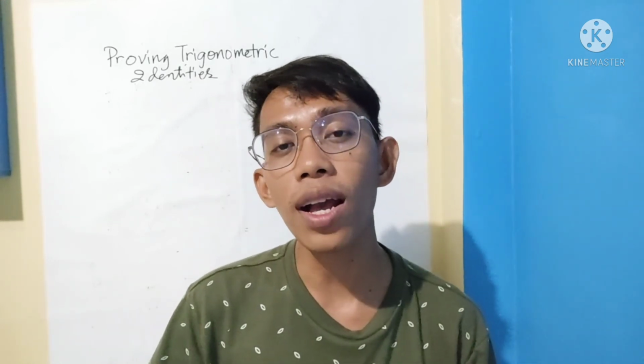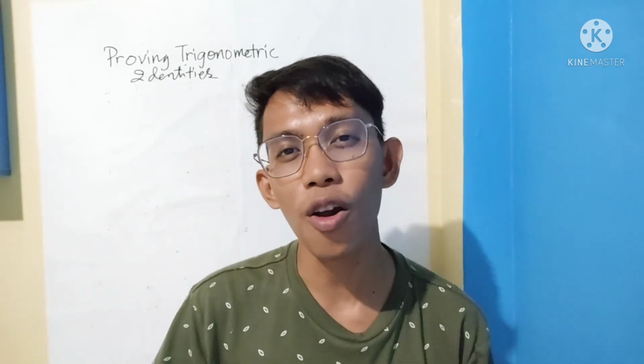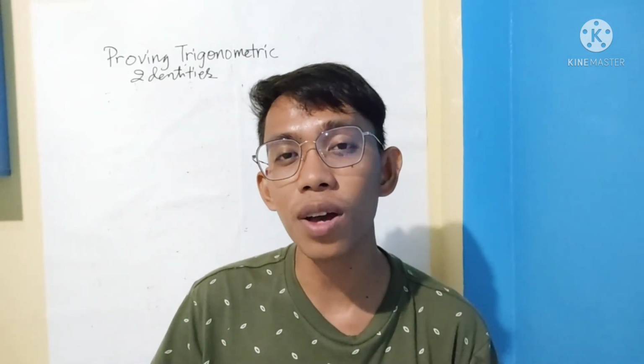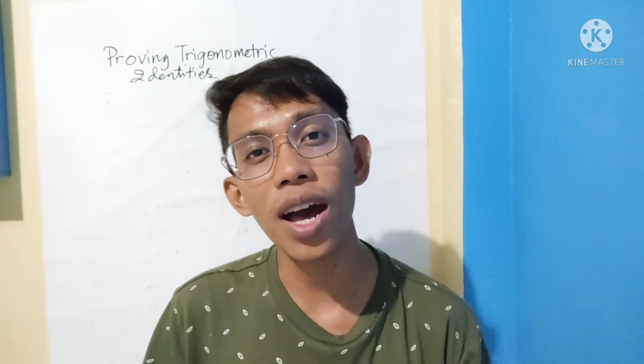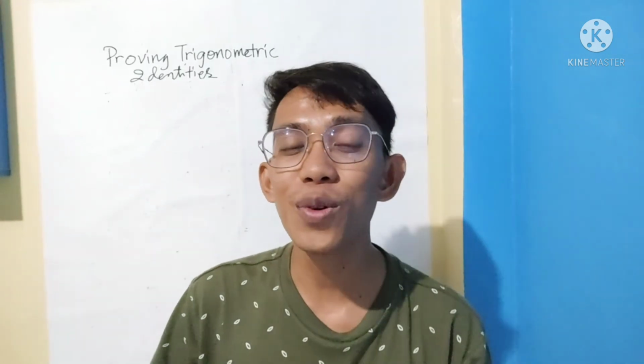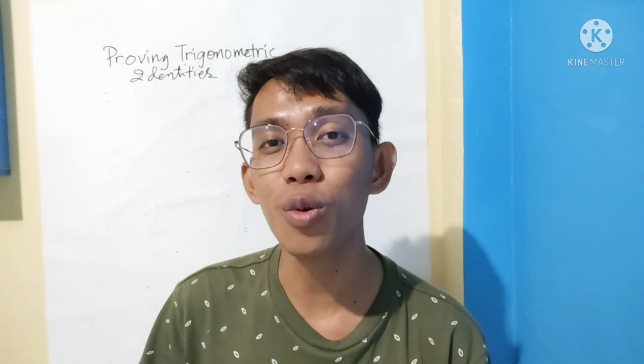Sa pagpili naman ng side na gagalawin, mas maigi or mas advisable kung ang gagamitin natin ay yung mukhang complex. Siyempre, makakatulong din kung intact yung ating foundational knowledge on trigonometry. Like, kung ano ang ibig sabihin ng sine, cosine, tangent, at the other trigonometric ratios. So, yun ay ilan lamang sa mahalagang information at tips tungkol sa proving trigonometric identities.